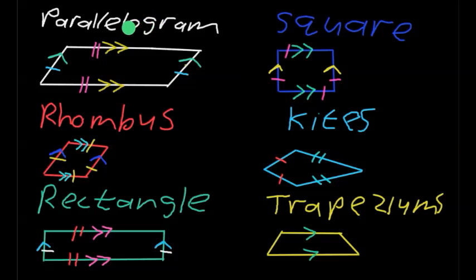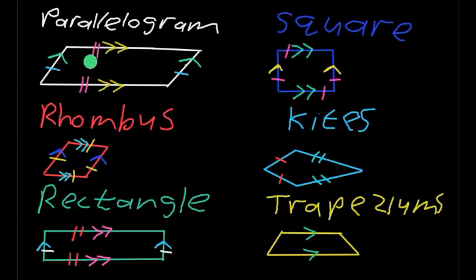A parallelogram has two pairs of sides that are parallel. We can see this blue arrow, and this blue arrow means that these two lines are parallel. Similarly, the double yellow arrows indicate that these two lines are parallel to each other.